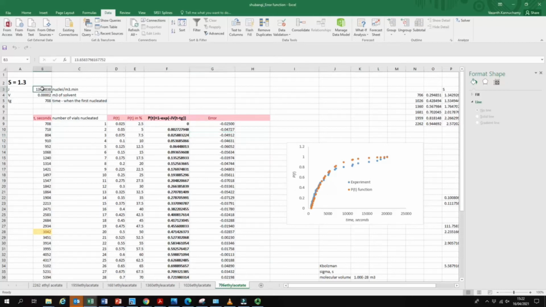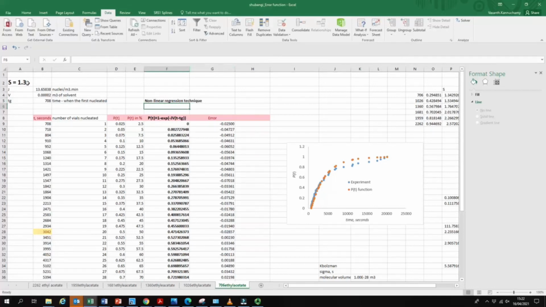This is the correct nucleation rate which we calculated using this technique. This is called the nonlinear regression technique. I know chemical engineering students learn this in their first or second year, I'm not sure.